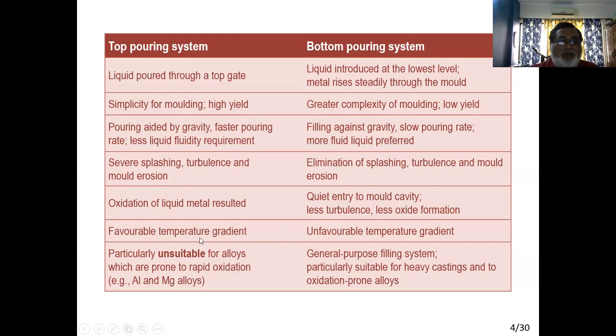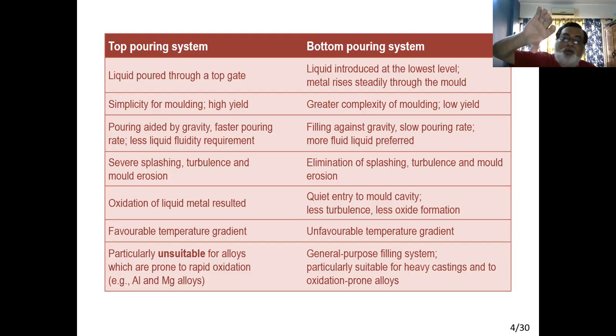What do we mean by favorable temperature gradient? When you pour the liquid metal from the top, just imagine you are pouring for about 1 minute. The casting is relatively huge. So the first liquid you pour will be a little bit colder compared to the last liquid that you pour. The last liquid will be relatively hotter and the first liquid relatively colder.